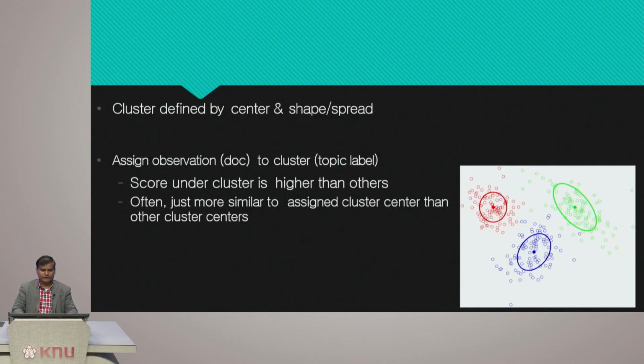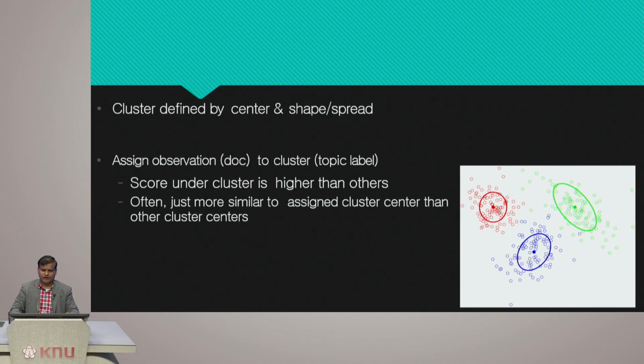Let's look further at how this happens. Yes, I talked about the cluster centers. As you can see here, there are three groups or three clusters, the green one, the blue one, and the red one, and you have different shapes that define these clusters as well. So we have this measure, and then you have a circular or oval shape, and then again you can consider certain things from this group.